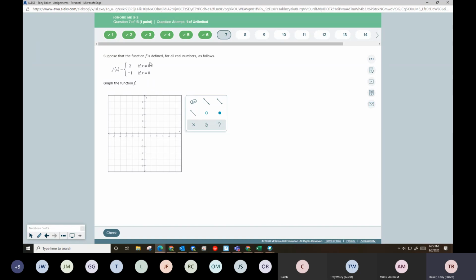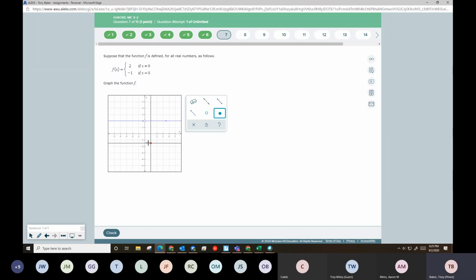So in this one, it's 2 where x does not equal 0. So basically that's everywhere except for 0. So I'm going to draw a line everywhere, and I'm going to put an open circle at 0, because that line works everywhere, it's 2, except when x is 0.